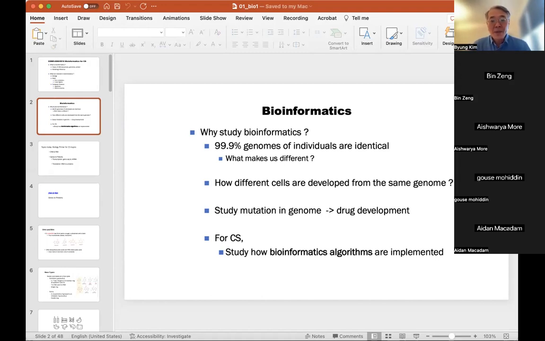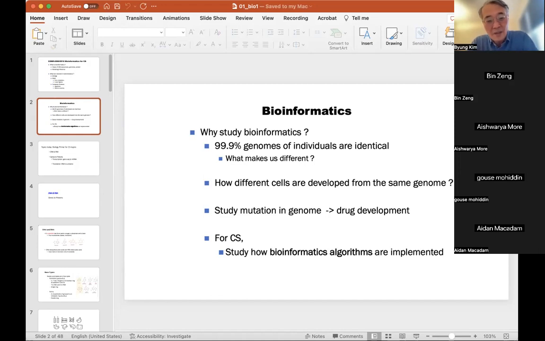And also a significant question has to do with the next one. We all know that each cell has the same set of chromosomes and the same set of genomic sequences, so how does one cell become a skin cell and another cell become a hair cell and so forth?